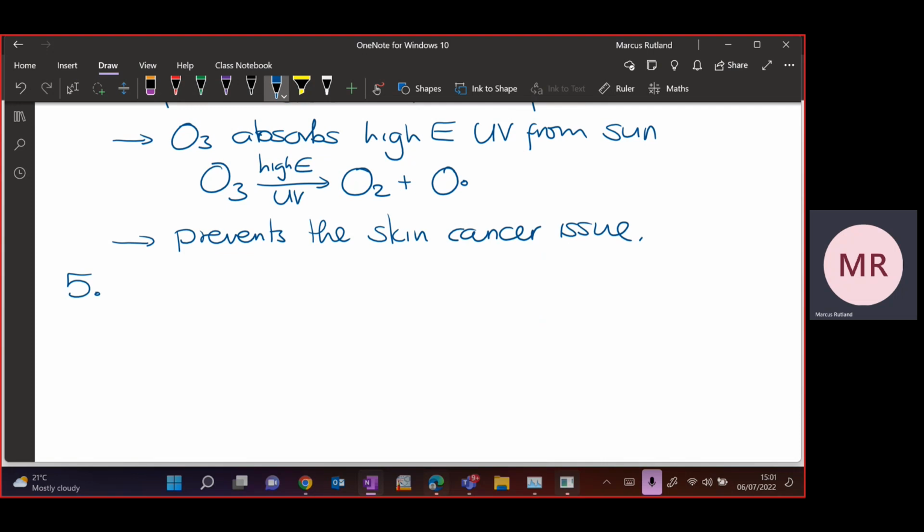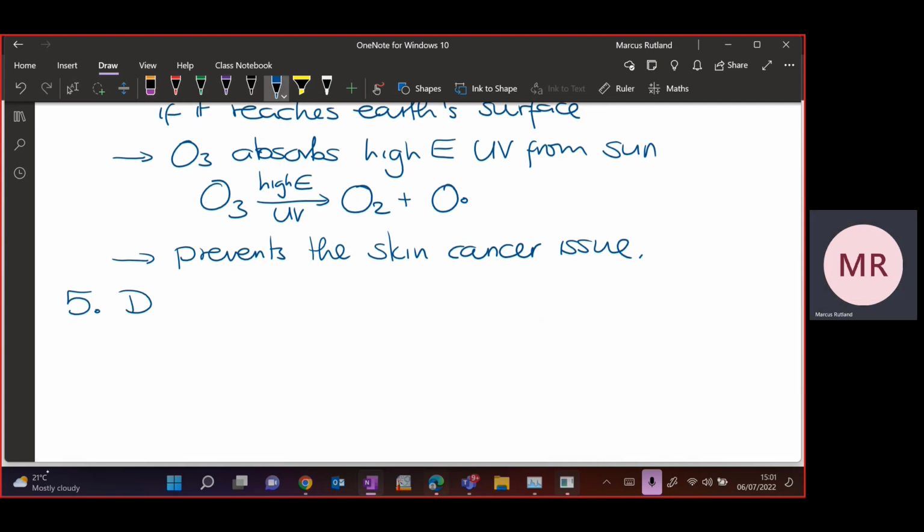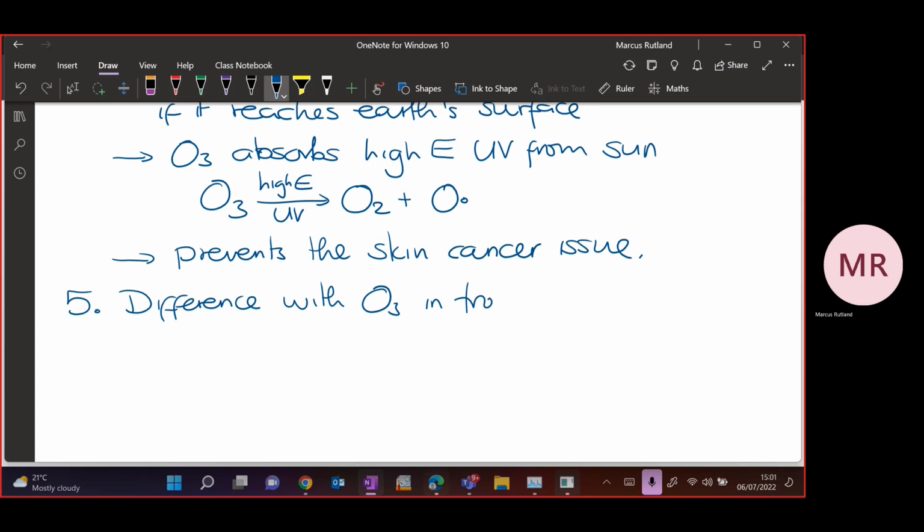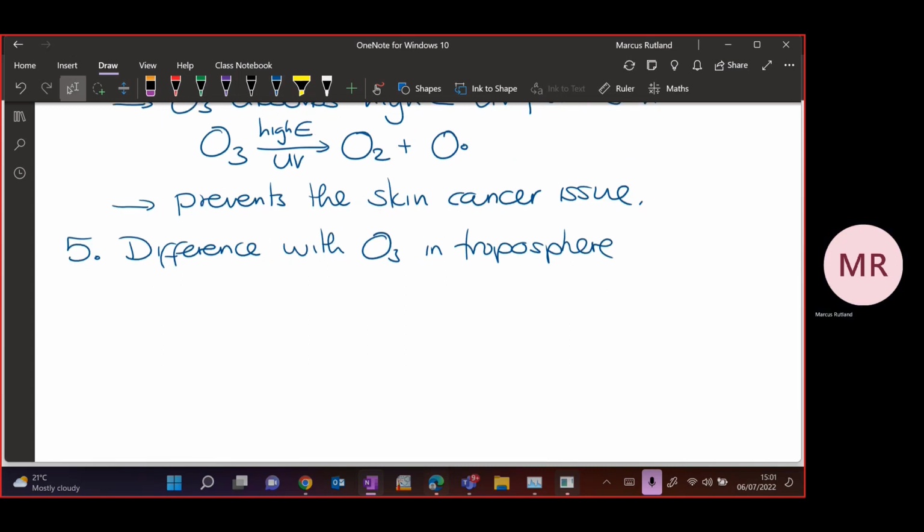So number 5, what is the difference between that and the troposphere? Both in terms of the origin and the impact for humans.